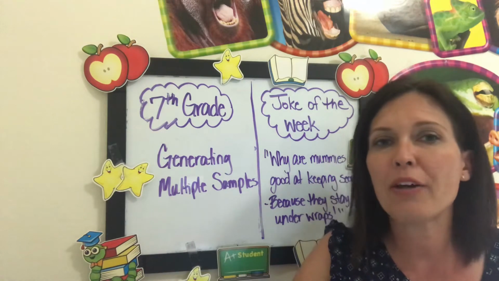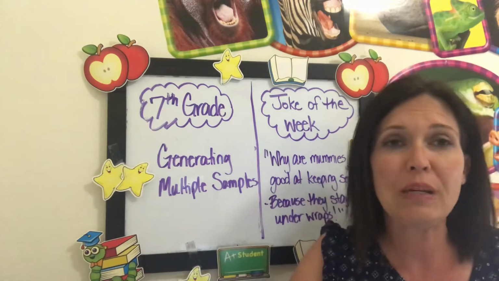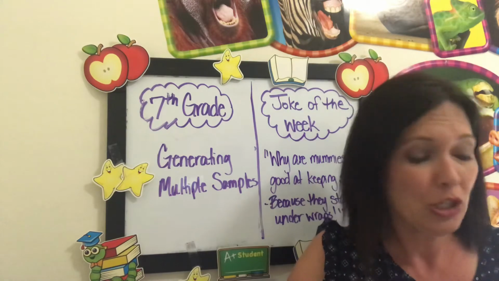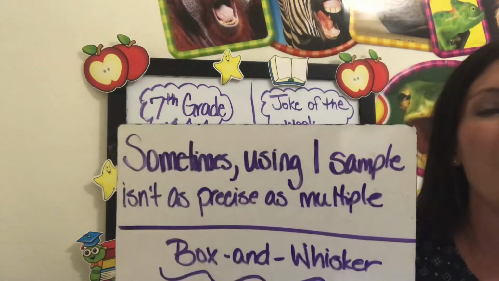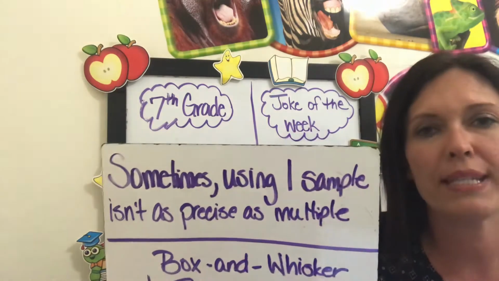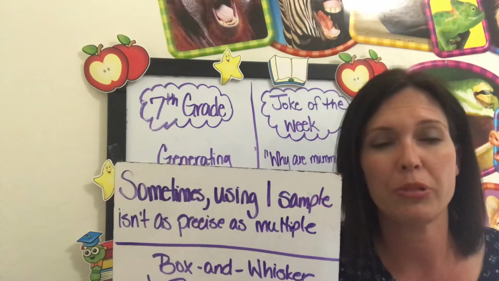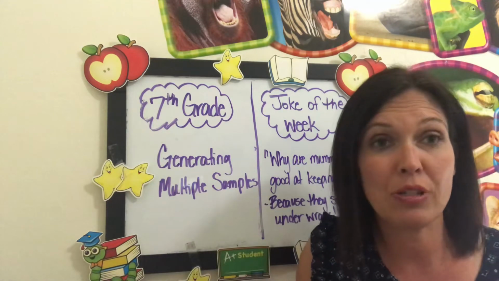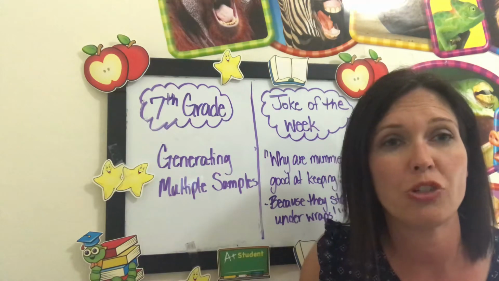So today we're talking about generating multiple samples, and we're going to think back to when we talked about unbiased and biased samples from yesterday. Sometimes using one sample isn't as precise as using multiple samples. We used the example of asking students about their favorite kind of ice cream and taking samples from around the country.